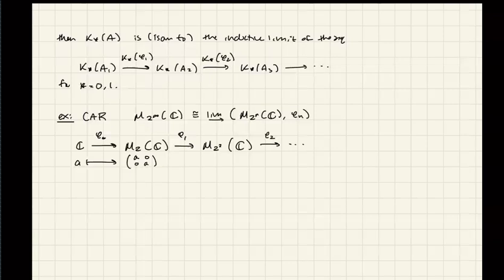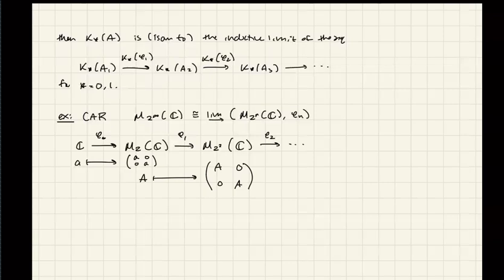Likewise, if I have a 2 by 2 matrix big A, this will be sent to the 4 by 4 matrix where we have our block matrix A along the diagonal. Okay, so you can see why this would be a UHF algebra. It's important to know that these maps preserve the unit.